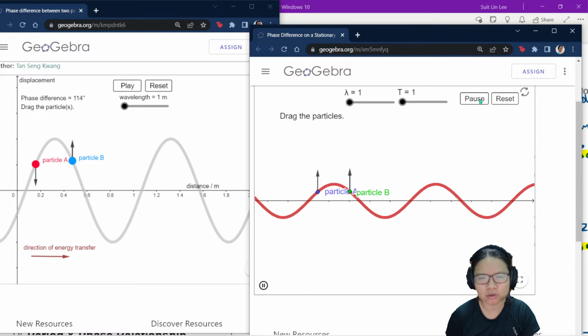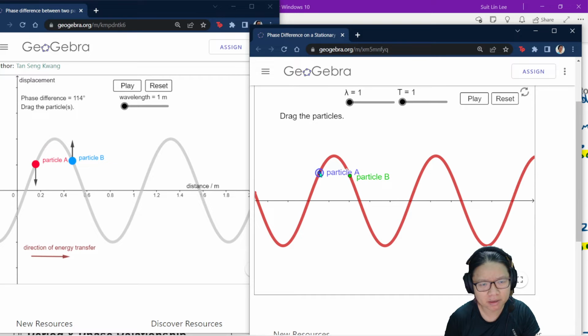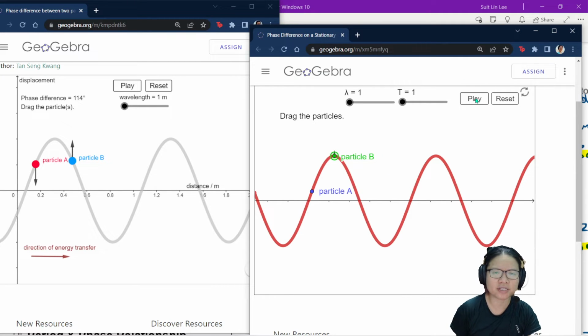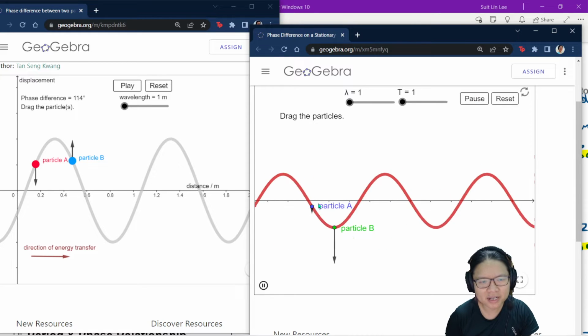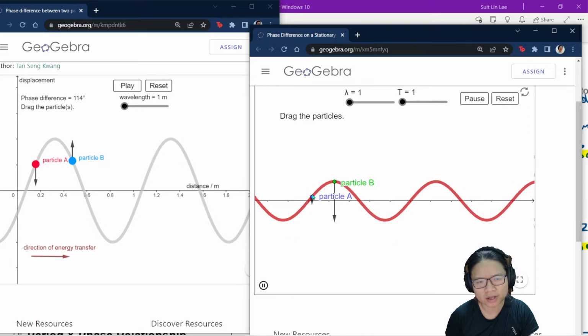Teacher, what about this one? Well, this one moves a bit fast, but never mind. Maybe I'll put a particle here, and then I'll put a particle here. Now this one is where things get a bit strange, because you realize that particle A, the amplitude is very small, it only moves a small little inch. But particle B is very hyper. Look at it go.